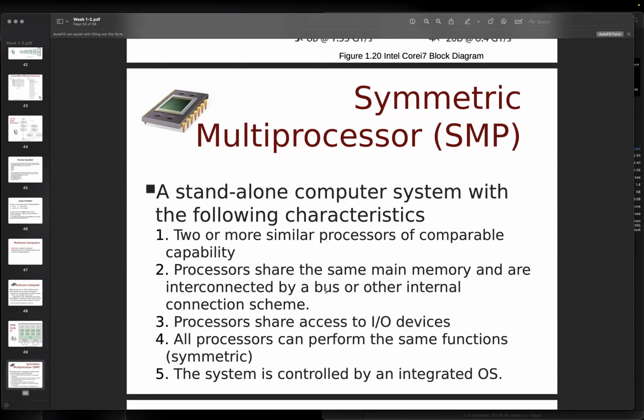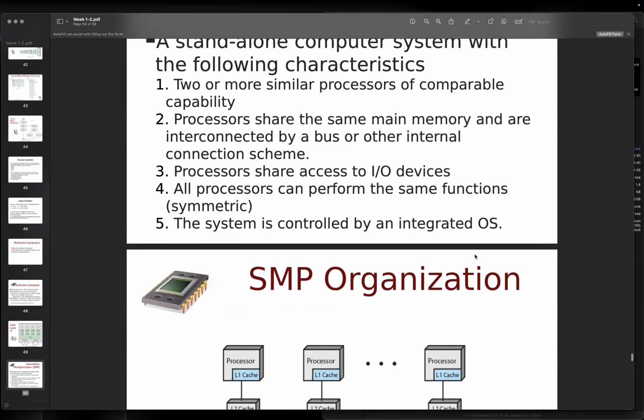Those processors share access to the I/O devices, and all these processors can perform the same function, so it's called symmetric. The system is controlled by an integrated OS. So multiple processors and networking together is called symmetric, SMP.